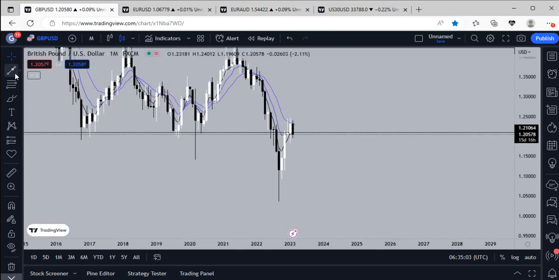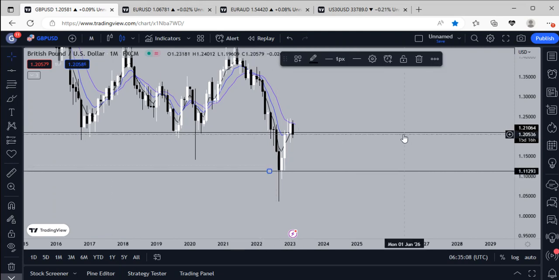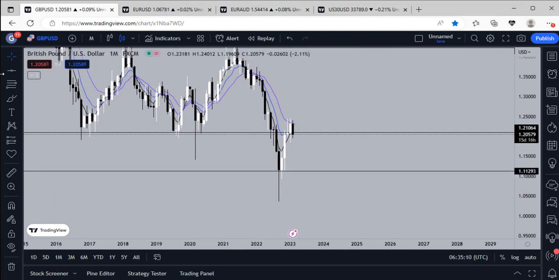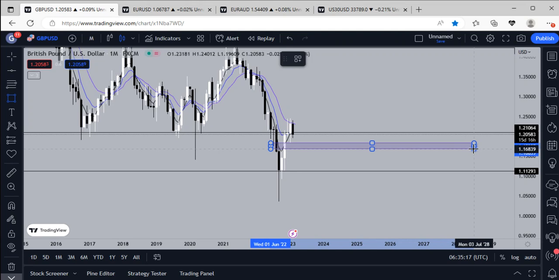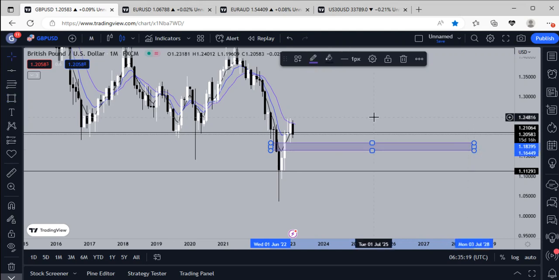And I will make this another monthly level. As you guys can see, we have a bit of imbalance in this area. So I'll turn this area into my order block.